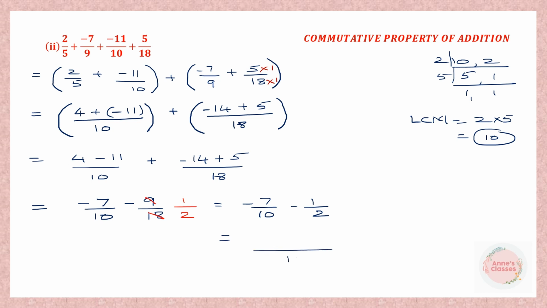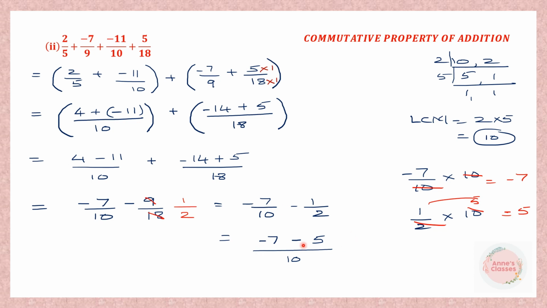So 10, look at the first rational number, minus 7 by 10, multiply it with the LCM 10, cancel, you have minus 7, which we can write here, minus 7. Minus, take the second rational number, multiply it by the LCM, cancel, 2 5s are 10, multiply, so we have 5. So this is minus 5.